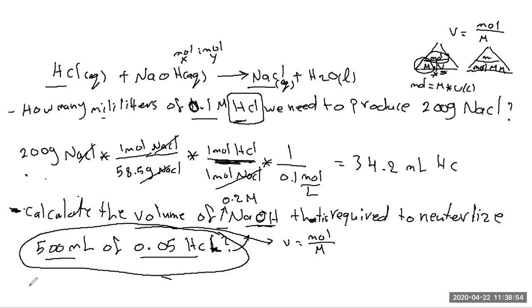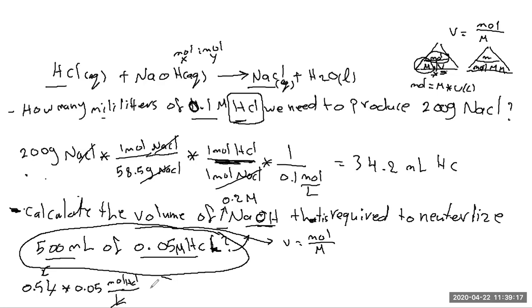So here it will be 0.5 liter times the molarity, which is, okay, this is molar, guys, 0.05 mole divided by liter. This is HCl.